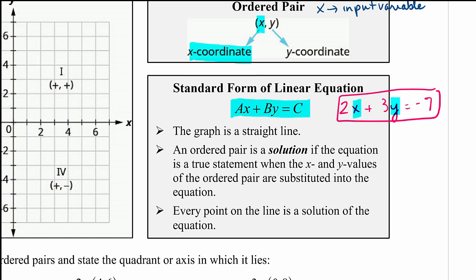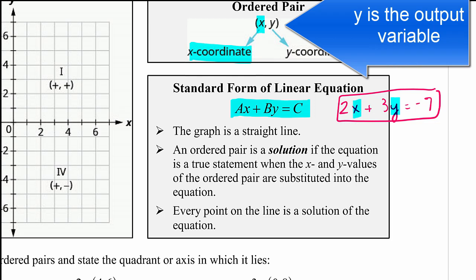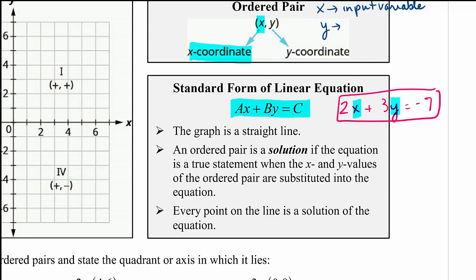Then y is dependent on what x is, so we call y our output variable. It's the value we get when we substitute in a particular x, we get a particular y, and that relationship is defined by the equation that we're given. And so y, the output variable, will always come as the second coordinate in the ordered pair.